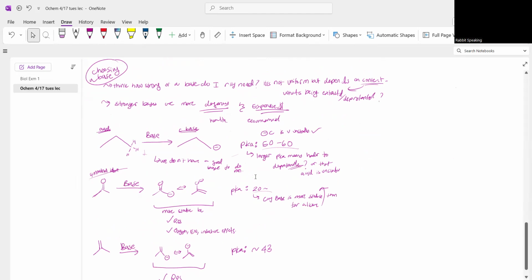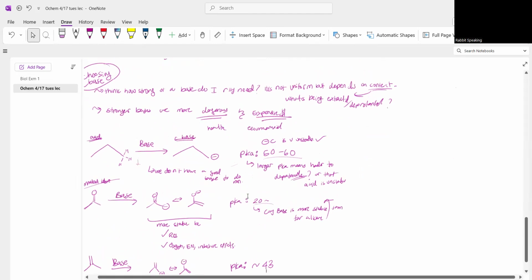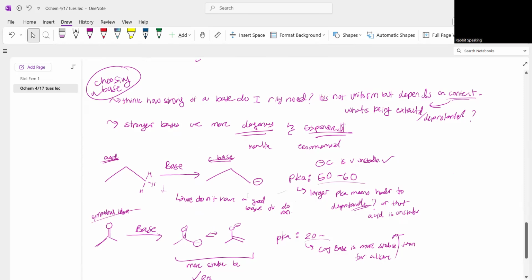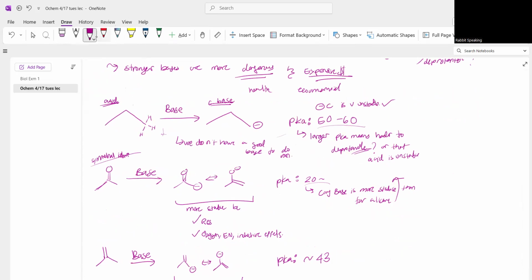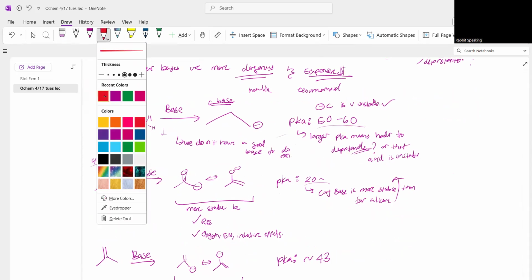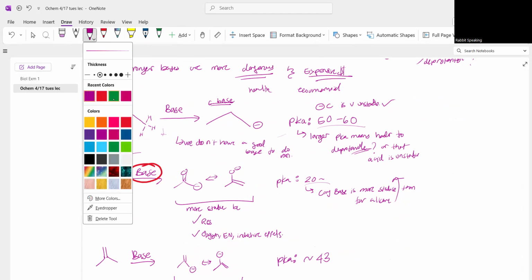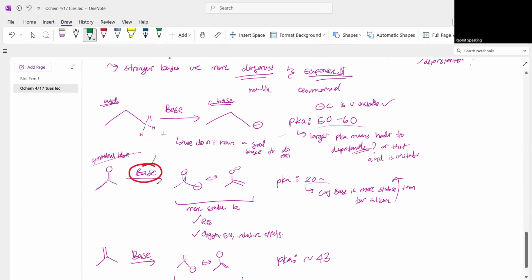Okay. Now the question is, we have all three of them. What base can we use to deprotonate over here? We need something that can help us deprotonate this ketone. Now let's try looking at a methyl.